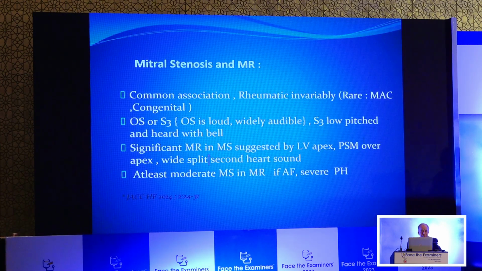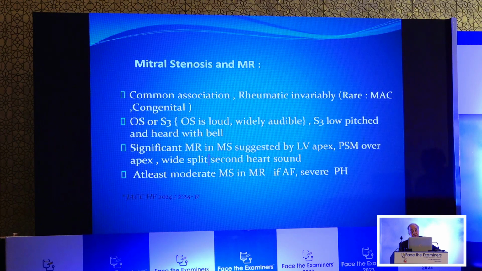Mitral stenosis and mitral incompetence is another combination which is common. Etiology, by and large, 95% of times, or I will say 99% of times, of a combination of mitral stenosis and mitral incompetence will be rheumatic.